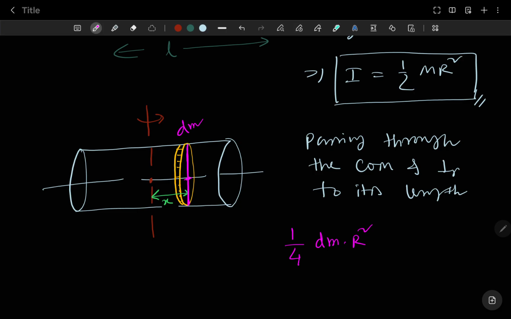Now what will be the moment of inertia of this disc about this axis? We can use the parallel axis theorem.